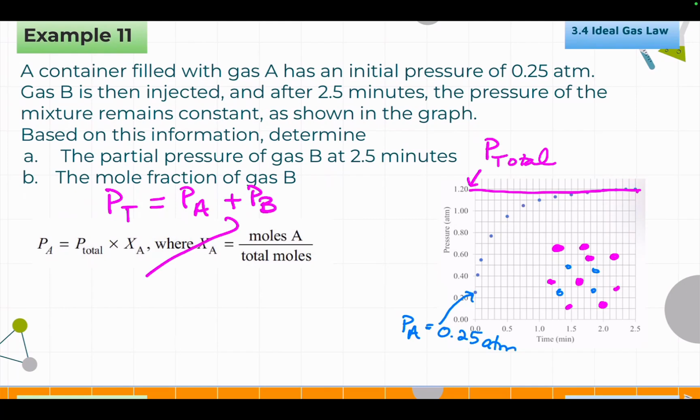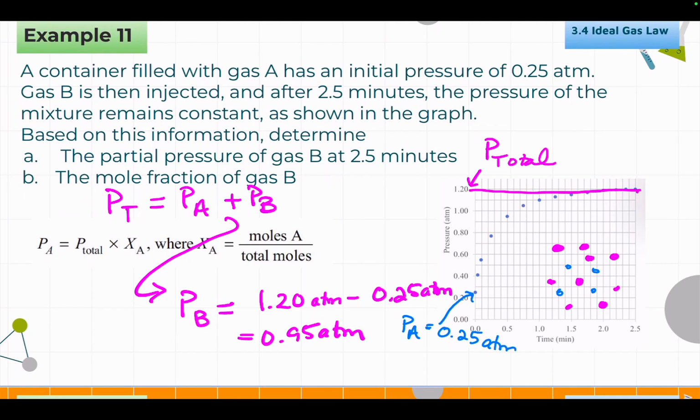I can easily solve for the partial pressure of gas B. All I'm going to do is take the total pressure, subtract the pressure of the A, and when I do that, I get 0.95 atm. So the pressure of the B and the A should add up to the total pressure 1.20, and they do.